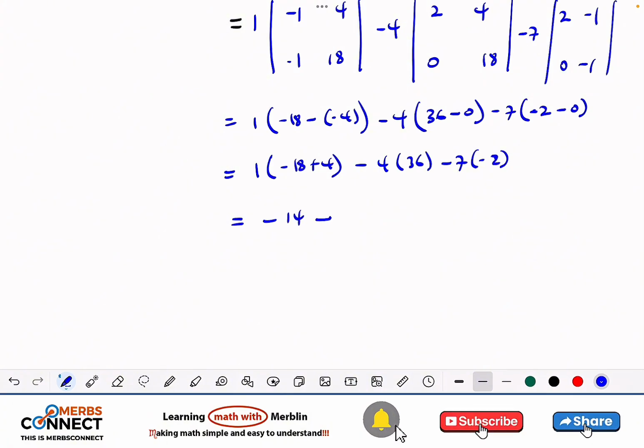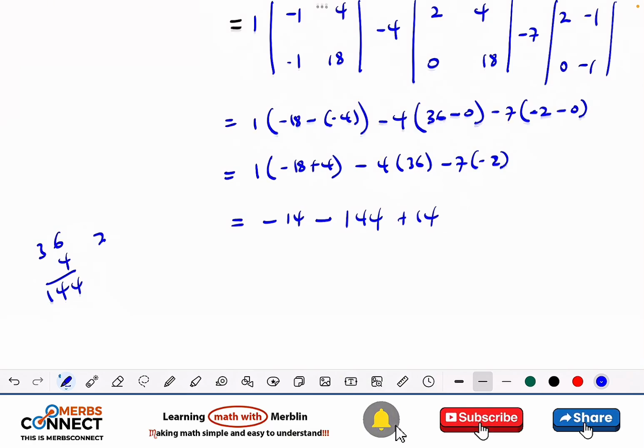And then minus 36 times 4, which is 144. And this one is going to be plus 14.